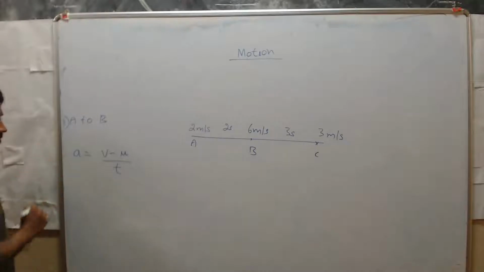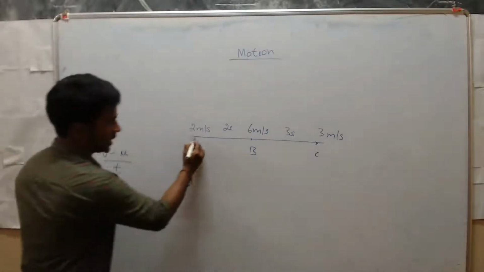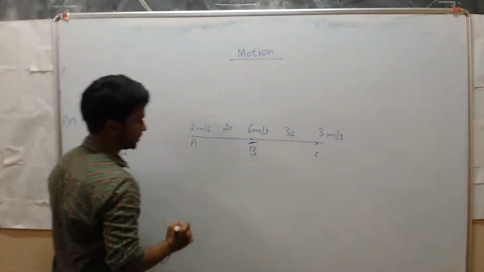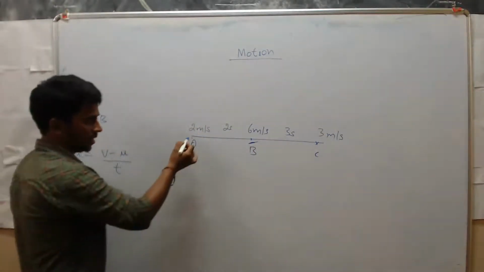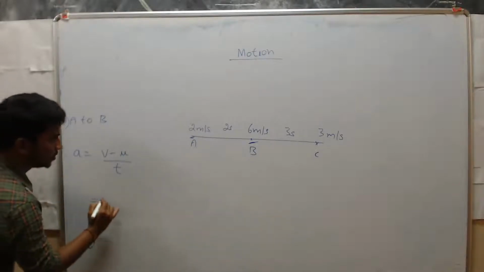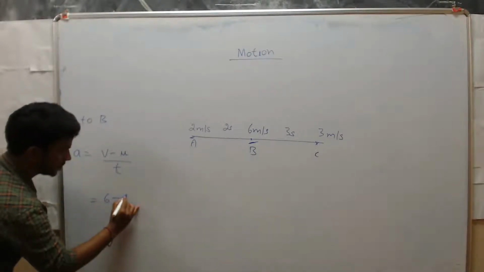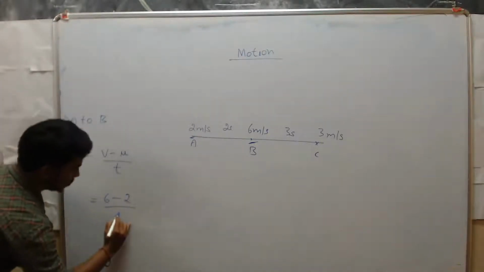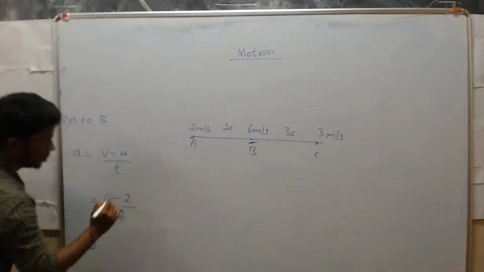The final velocity is 6 meter per second and the initial velocity is 2. Substitute: 6 minus 2 divided by the time taken, 2 seconds.